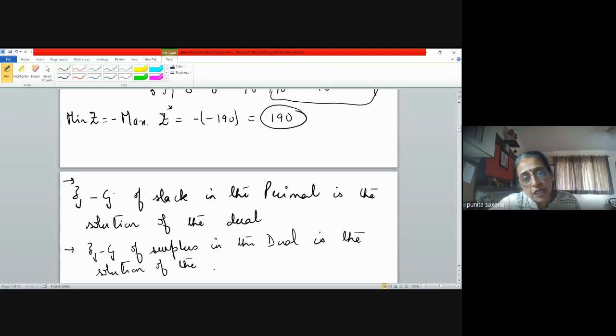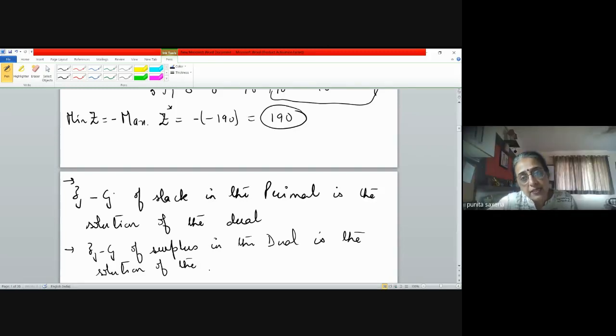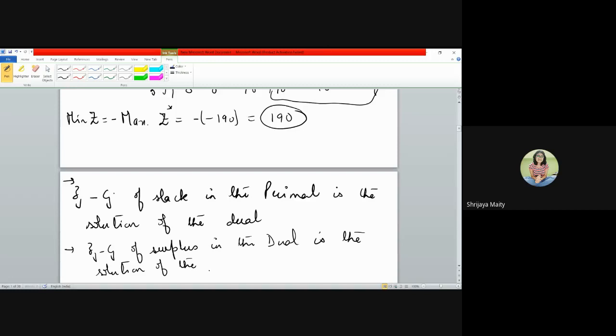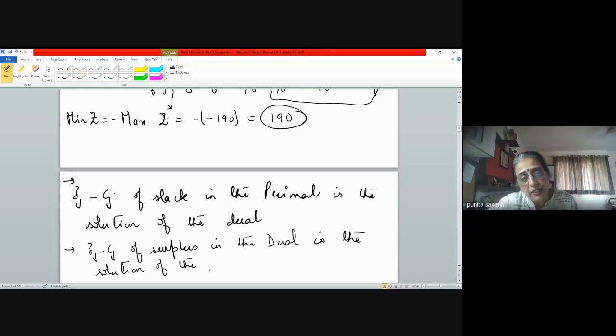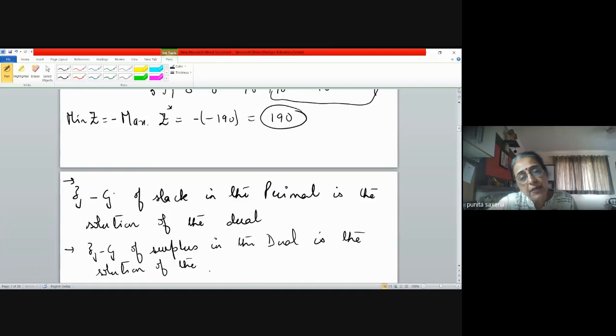The first constraint of the primal will give the first variable of the dual. Yes ma'am. So y6 was in the third constraint of the dual. Third constraint of the dual corresponds to which variable of the primal? Sixth. There were no six variables in the primal, dear.